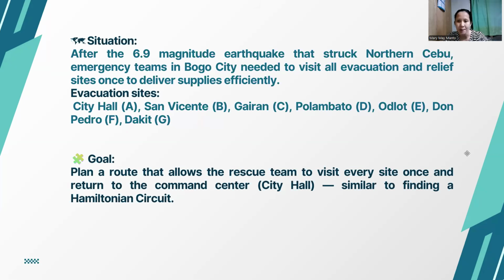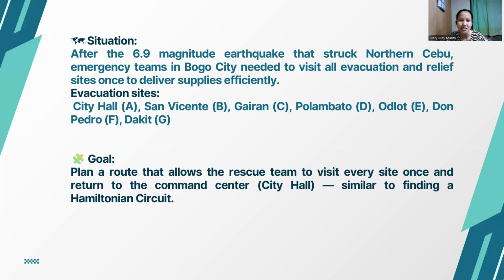This is a very good application of the Hamiltonian circuit because it will cost a lot of time, effort and money if you visit a specific evacuation site more than once. You keep going back. So it's important to identify the route wherein you can visit all the evacuation sites once only.